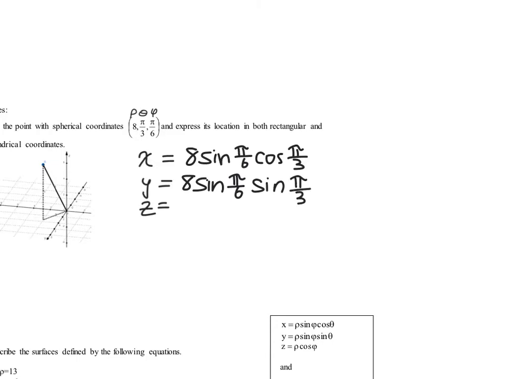And then the last one is going to be 8 cosine of pi over 6. Unit circle. Always unit circle.